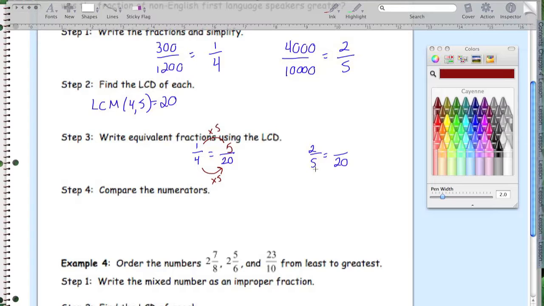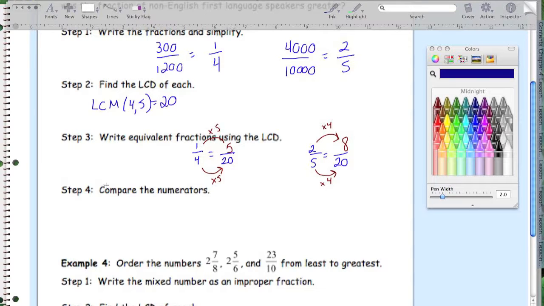In this case, 5 is being multiplied by 4 to get 20, so 2 has to be multiplied by the same thing, by 4, to get 8. And that's what lesson 4.3 is on, writing equivalent fractions. Multiplying numerator and denominator by the same value produces an equivalent fraction.